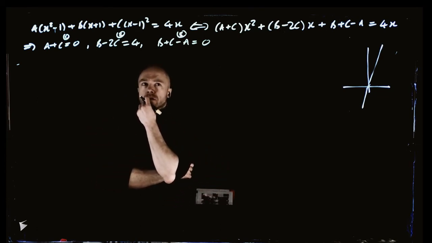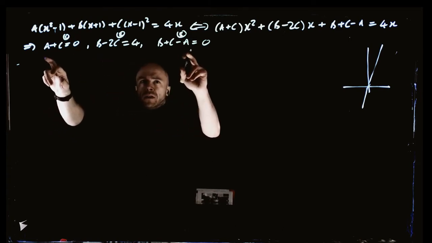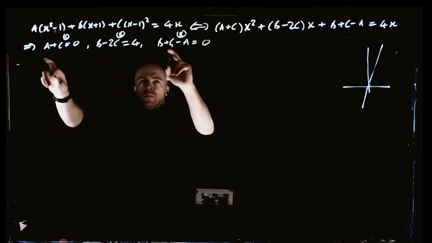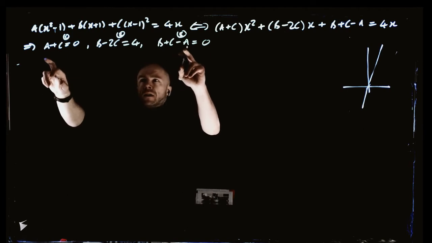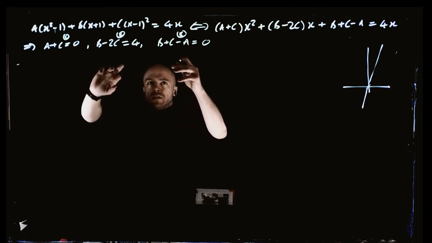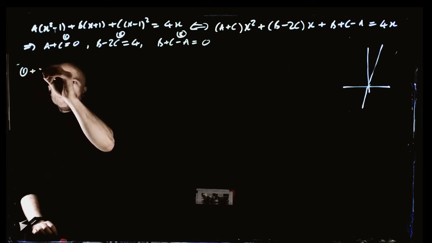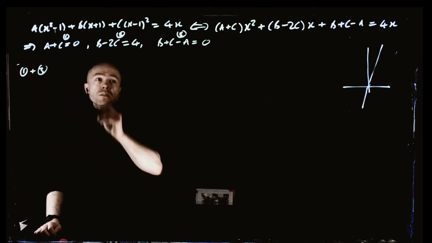I want to take 1 and add it to 3, because then I'm going to kill the a, right? And this one's a nice equation with b and c, so I'll get 2 nice equations in b and c, right?